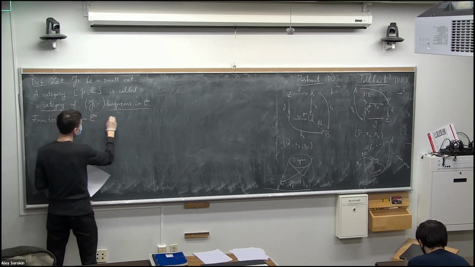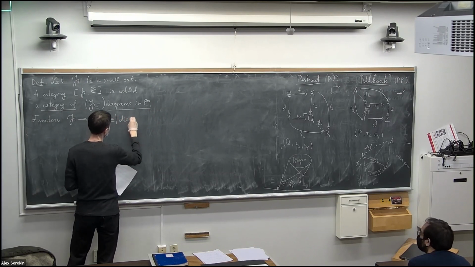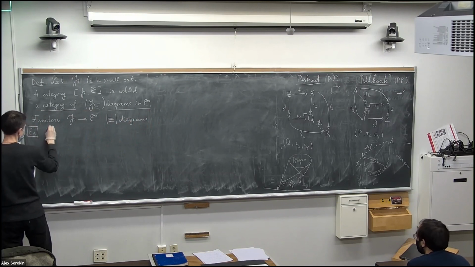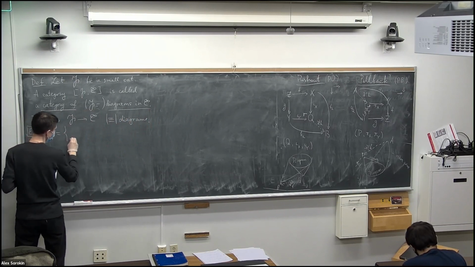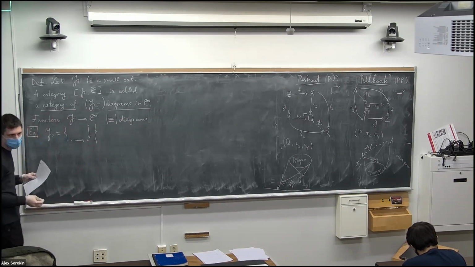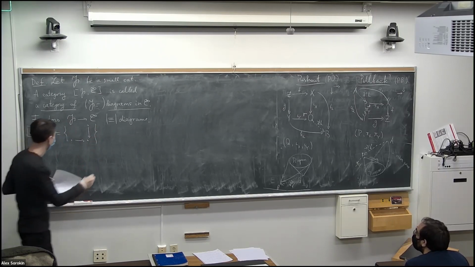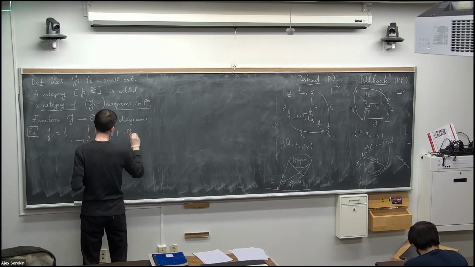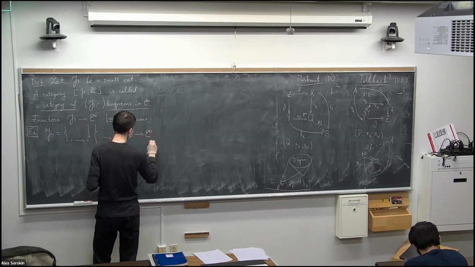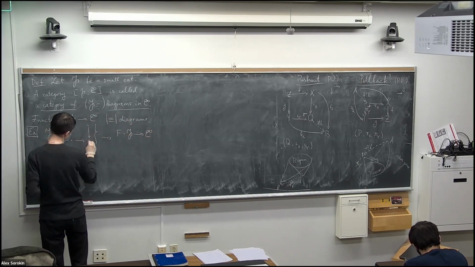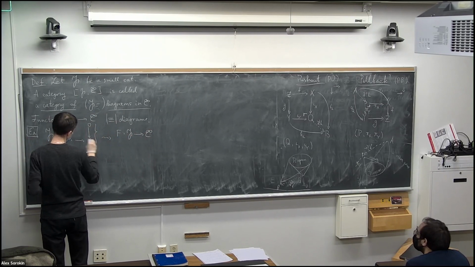Sorry. A functor from J to C is given by, let's call them here 0, 2, 1.